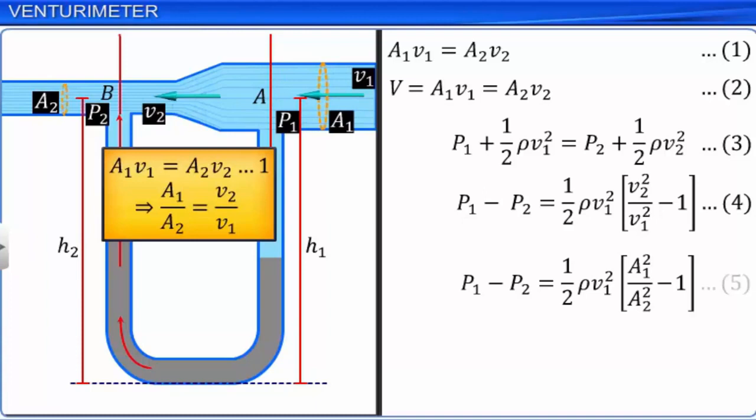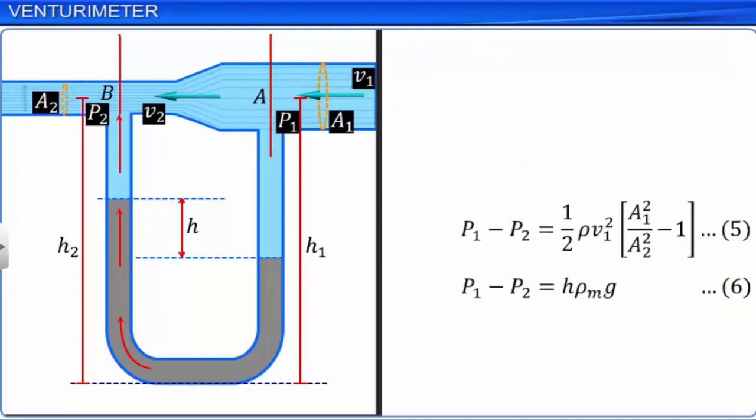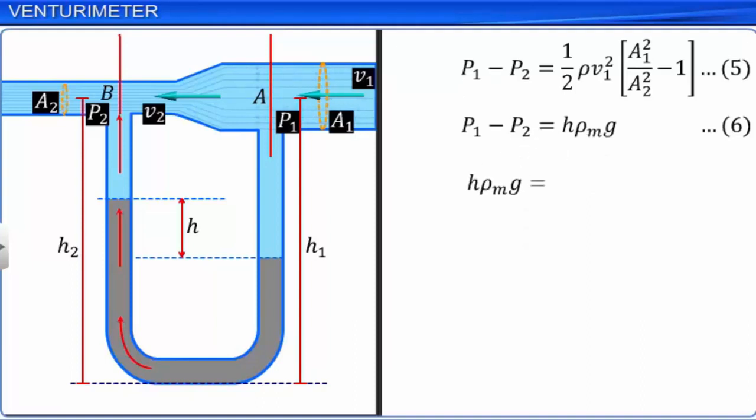The difference in the pressure at points A and B can be measured as the difference H of the liquid level in the 2 arms of the manometer tube. Thus, the pressure difference is equal to H ρm g. Let this be equation 6. Equations 5 and 6 give equation 7 as shown.